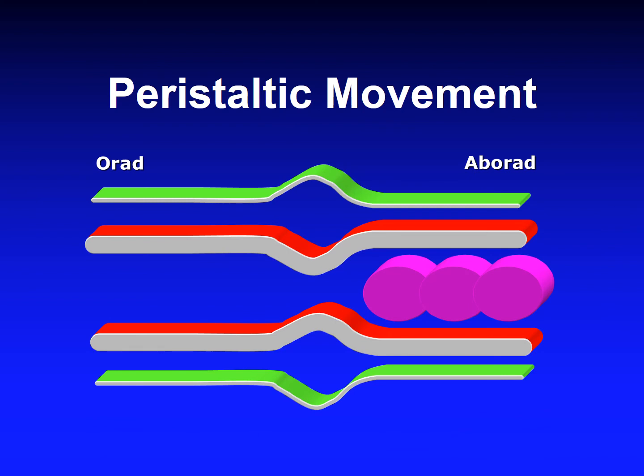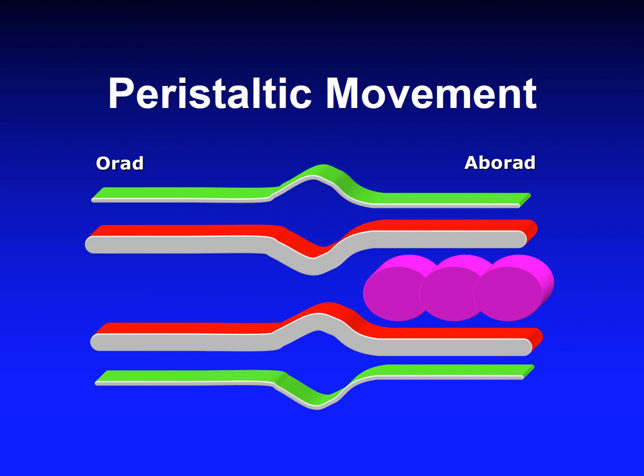We have seen this picture before. This is an illustration of how the peristaltic movement takes place. How does the gut contract in order for it to move the ingesta or the bolus of food in the aborad direction toward the anus?